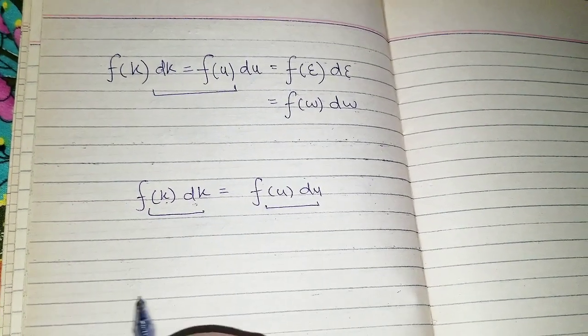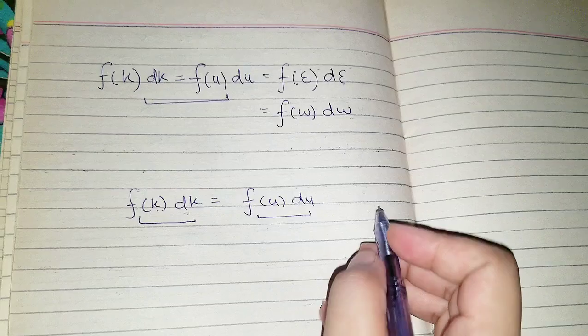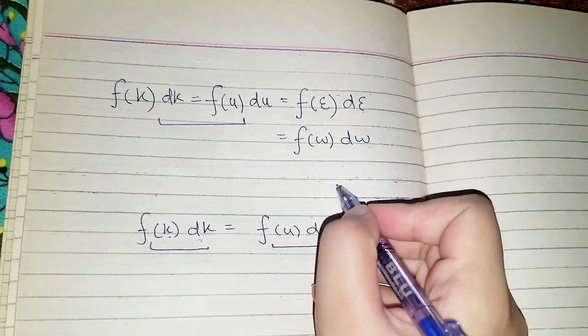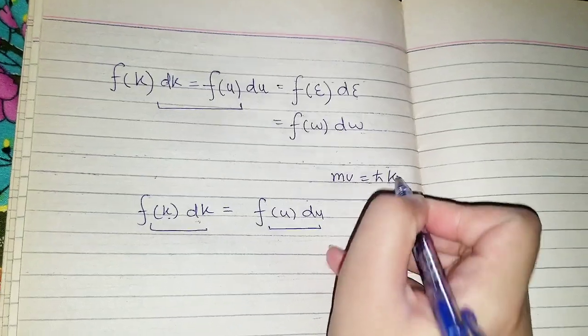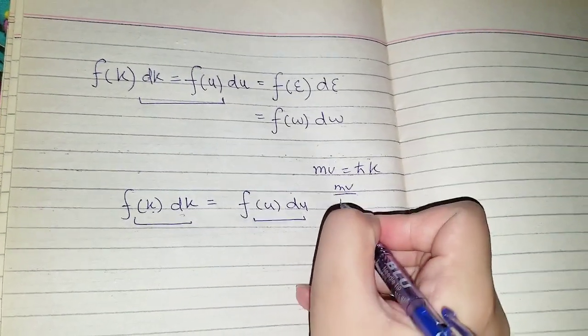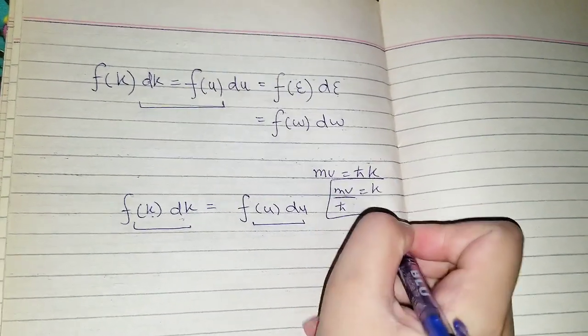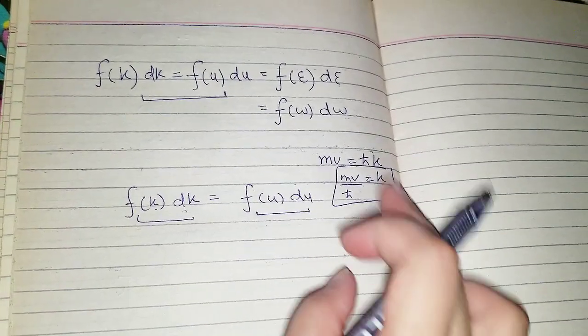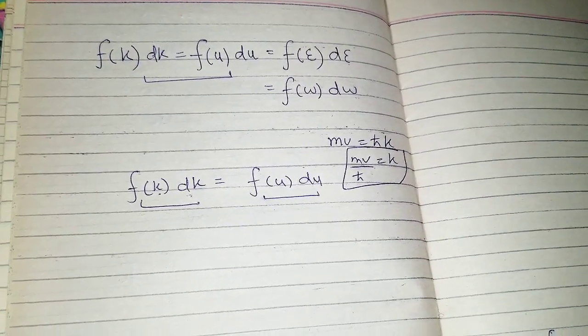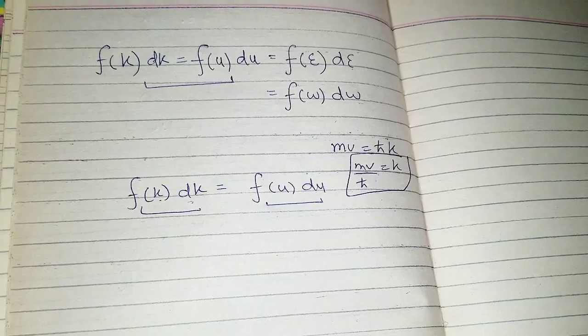That is calculated from the relation of k and u: we know that mv equals h cut k, and mv by h cut equals k. So we can find the value of dk from here in terms of v, simply plug that value into this expression, and find out whether we get the similar result or not.